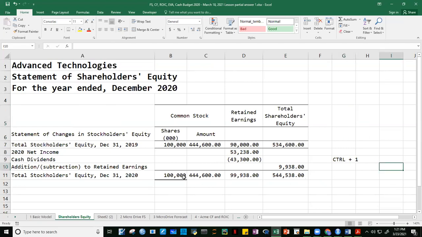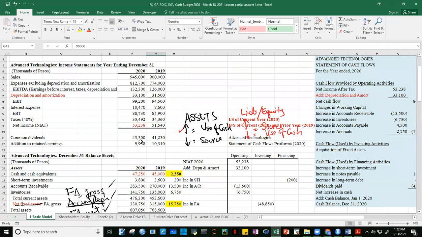Yun nga lang, nawala yung underscore. So, ibabalik ko na lang dito. Okay? Alright. Therefore, if you notice, guys, yung common stock natin, at the end of December 31, 2020, we have 100,000 shares of common stock. We have common stock worth 444,600, retained earnings at 99,938, and then total shareholders equity 544,538, which is in agreement with what we have here.